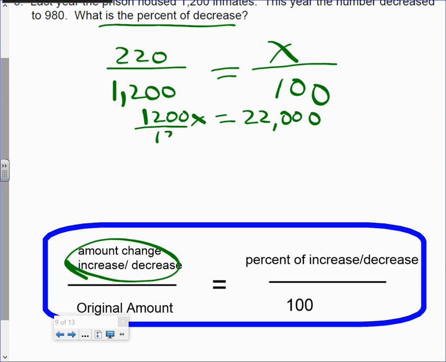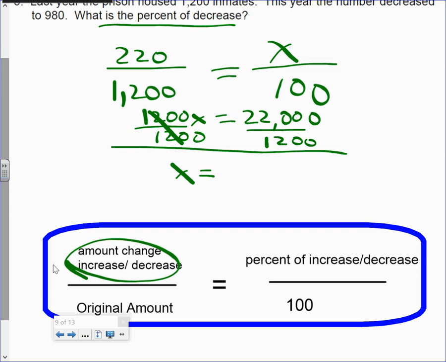Let's divide by 1,200 to get x alone. We learned that in Math 1. X then is about 18. So round to the nearest whole number, so it'll be an 18% increase or decrease? Yep, decrease. 18% decrease, just abbreviate decrease, DEC.